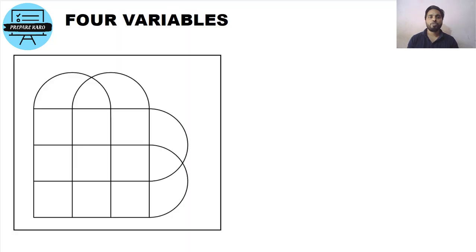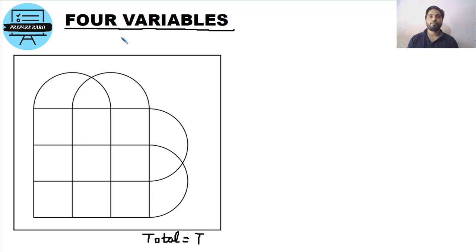Now we are moving to the fourth section of today's lecture, and that section is the 4 variable Venn diagram. Learn how to plot this 4 variable Venn diagram. This is the structure of a 4 variable Venn diagram, and this is the way we draw it. This rectangle represents the total.